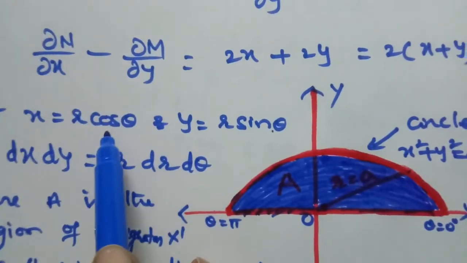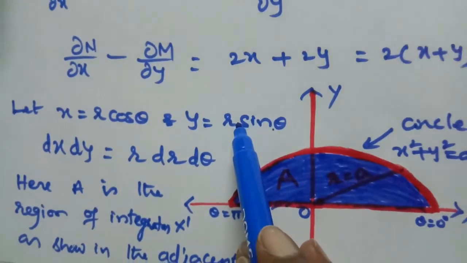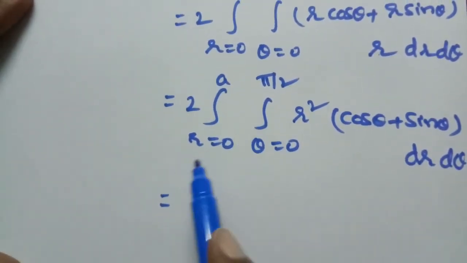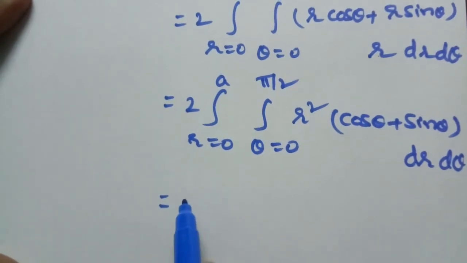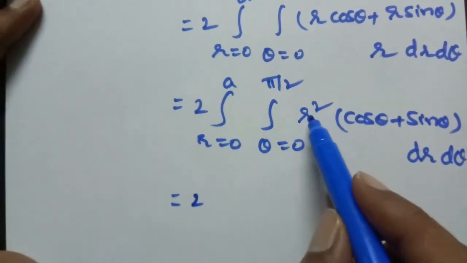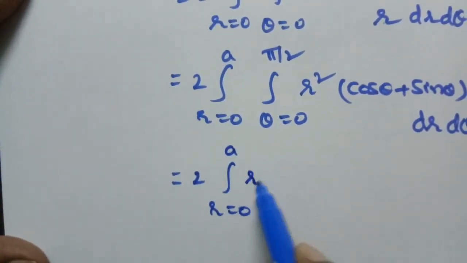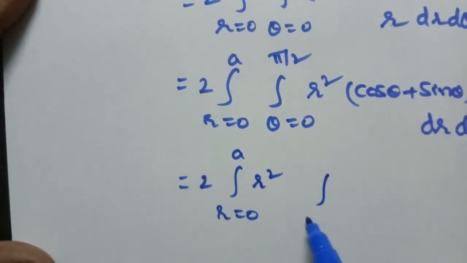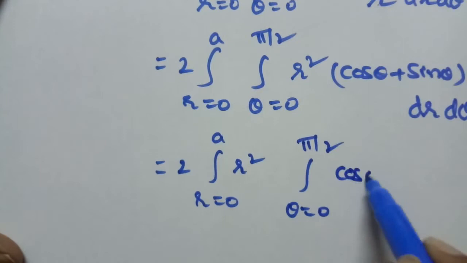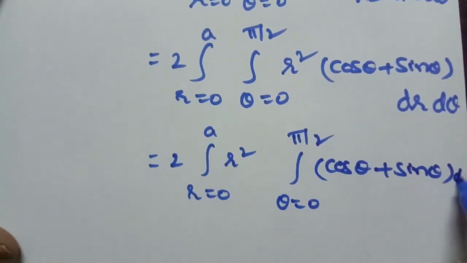Here x equal to r cos theta, y equal to r sin theta, we substituted. Therefore, 2 into integral r equal to 0 to a r square dr, theta equal to 0 to pi by 2 cos theta plus sin theta d theta.